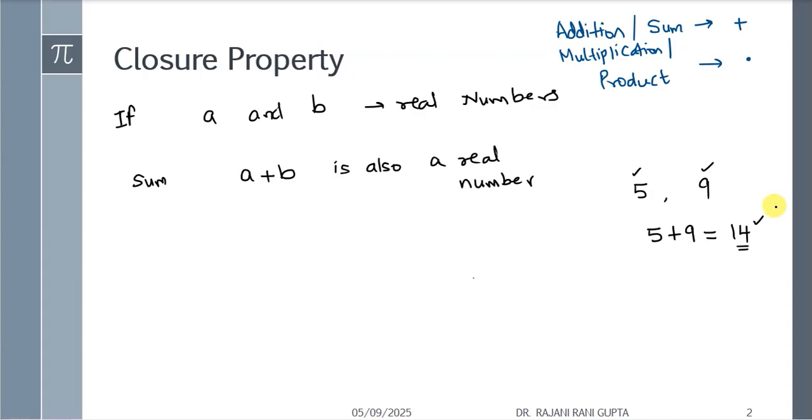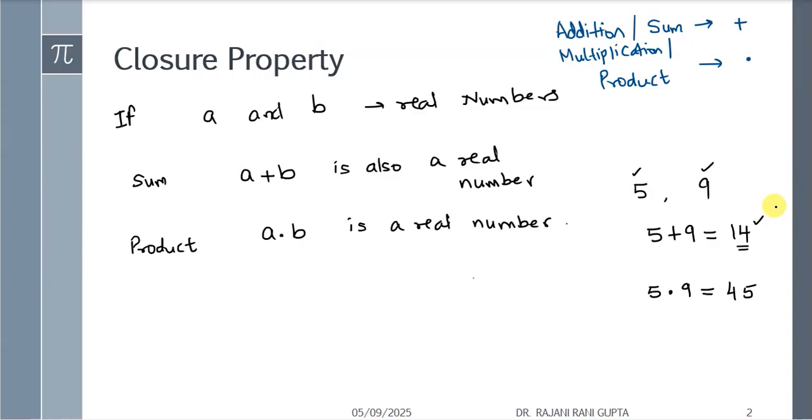Similarly, if you multiply 5 with 9, what will you get? 45, which is again a real number. So we can say that even the product of two real numbers, a and b, is a real number.